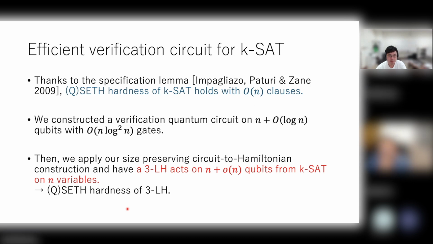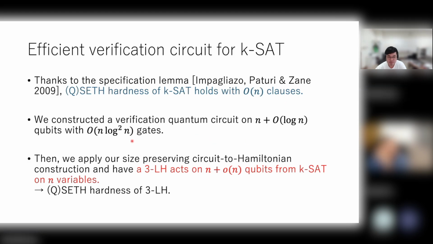So to use the Circuit-to-Hamiltonian construction, we first construct an efficient verification circuit for QSETH. And some property called the sparsification lemma is known, and SETH hardness holds with a linear number of clauses.